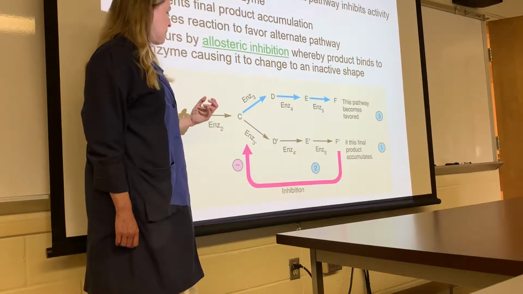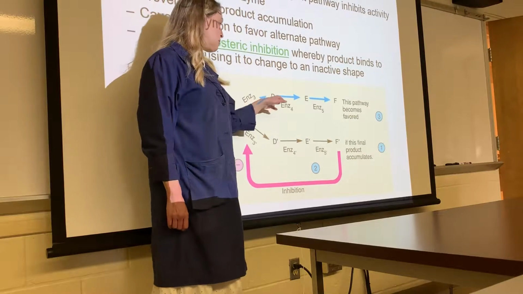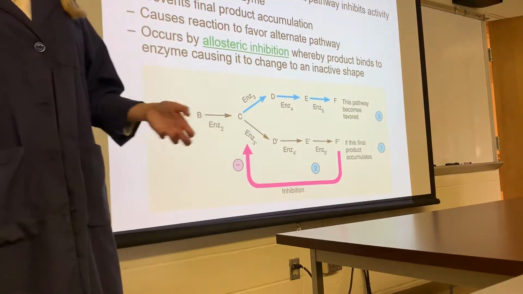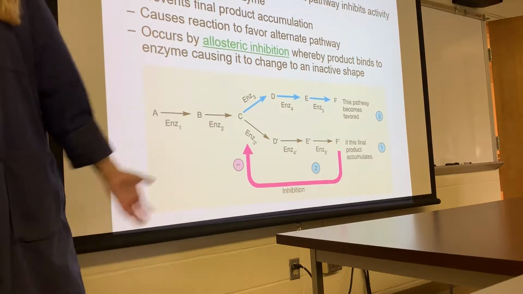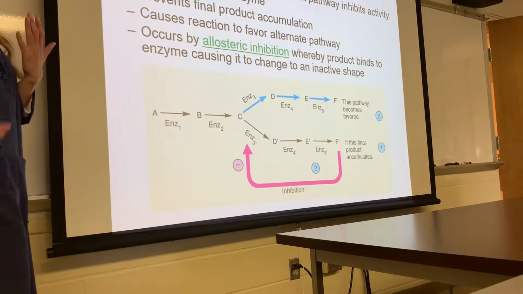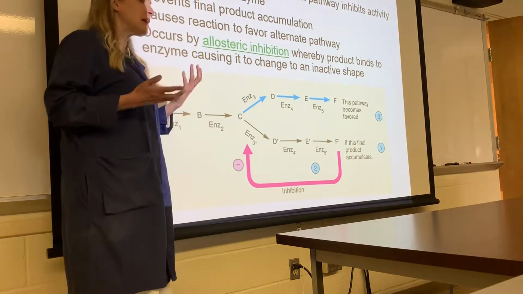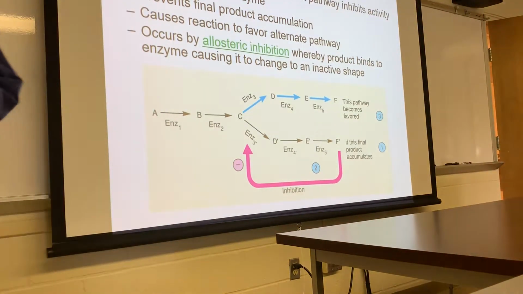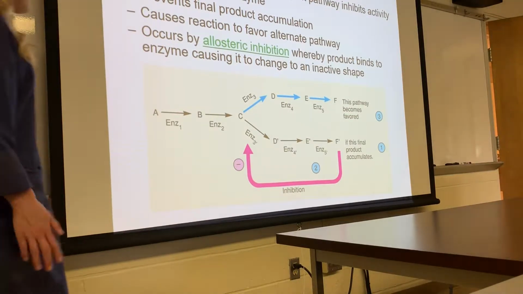Enzyme 3' will produce a different product than enzyme 3 will, depending upon what's needed. So for example, we talk about blood sugar regulation, insulin, glucagon, right? Depending upon the blood sugar levels, we might need one or the other. We might need insulin if the sugar levels are too high. We might need glucagon if they're too low. So it depends.